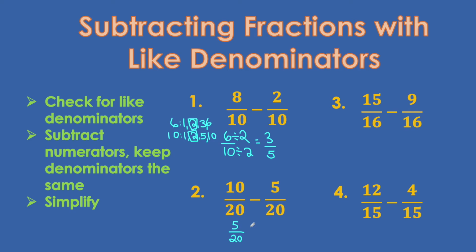Next, we want to find the factor that goes both into 5 and 20, which would be 5. That's the greatest common factor that can go both into 5 and 20.